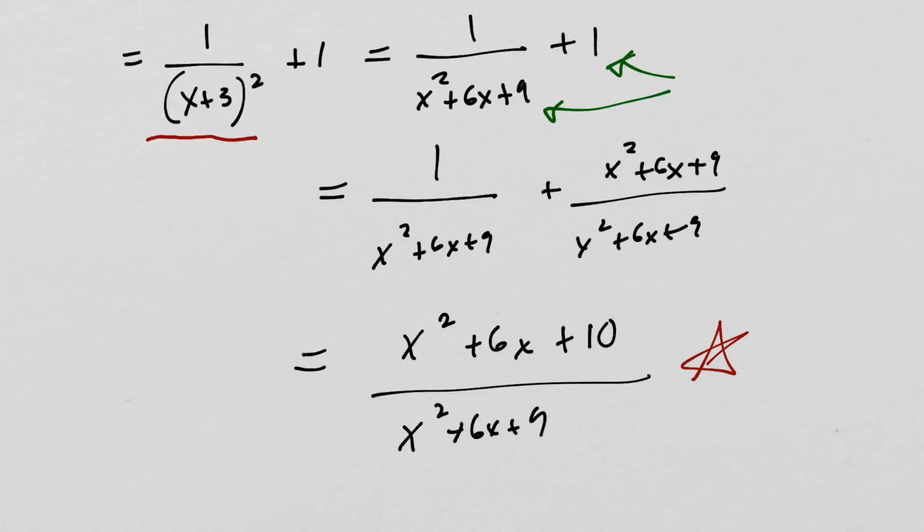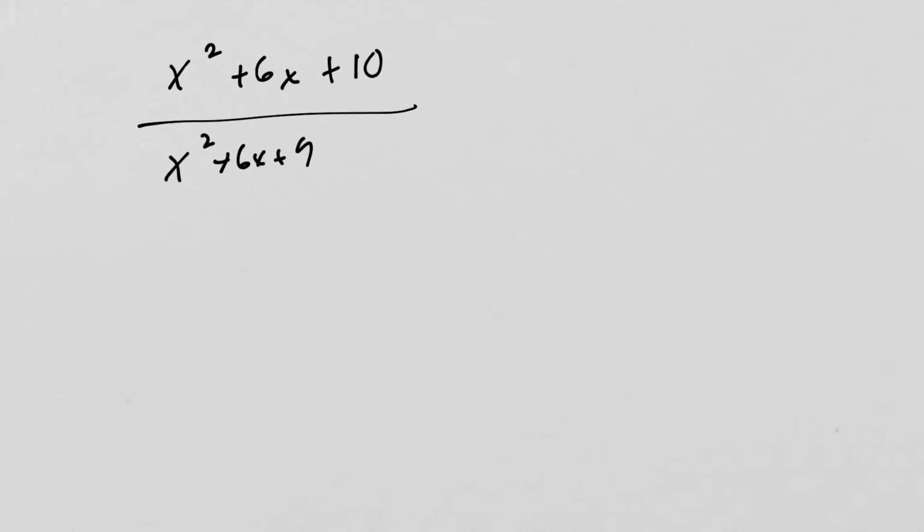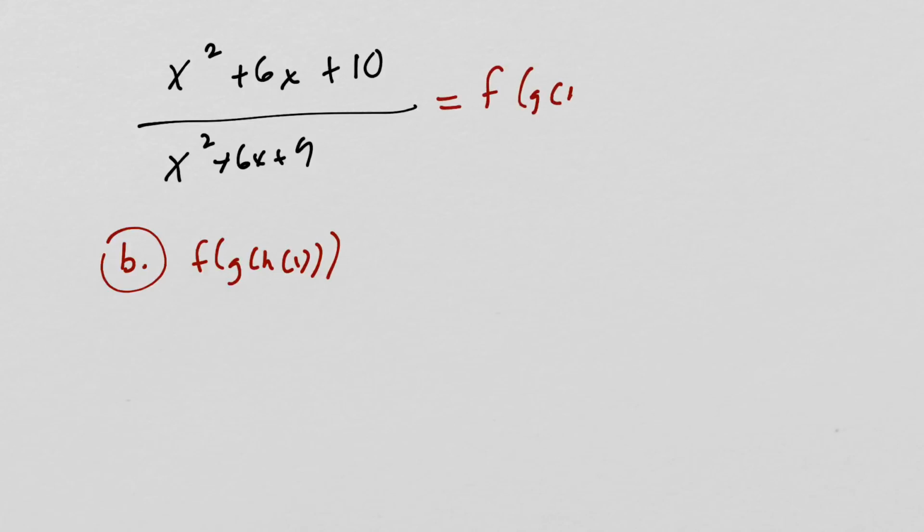Let me go ahead and copy this real fast and place it on this next page here. In part B, we want to find f of g of h evaluated at 1, where what we found in the last part was f of g of h of x.